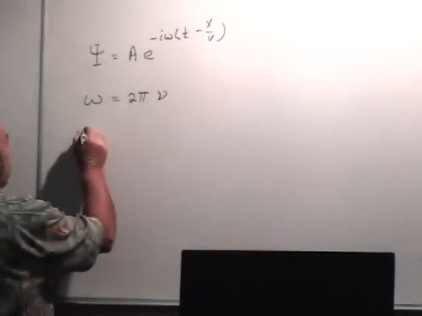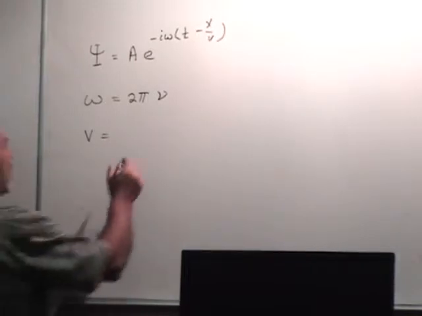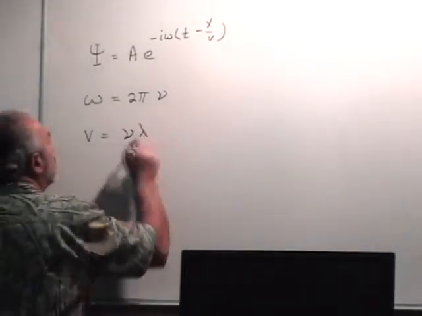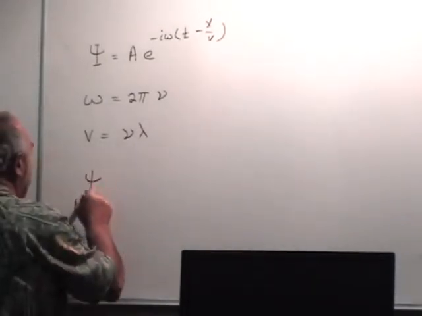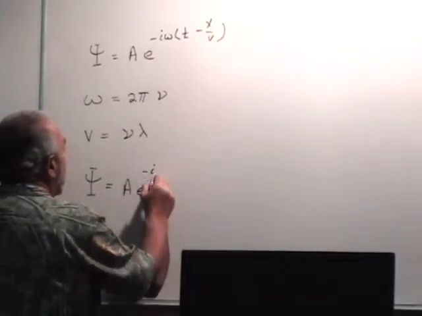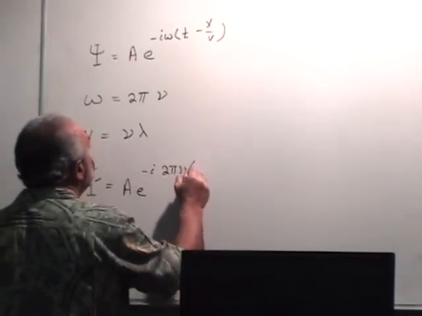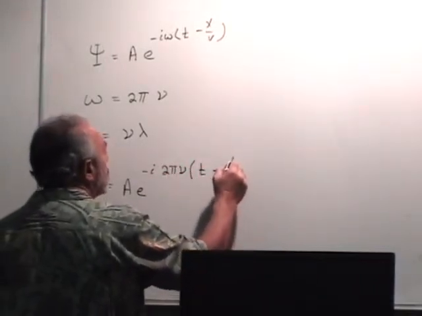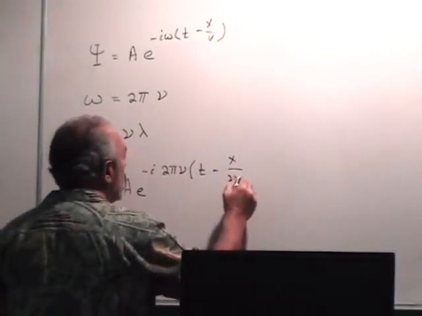Also, v, the velocity of the wave, is simply the frequency times the wavelength. So we can replace both creatures now, and we can say that psi equals A e to the minus i times 2 pi nu times t minus x over v, which is nu lambda.